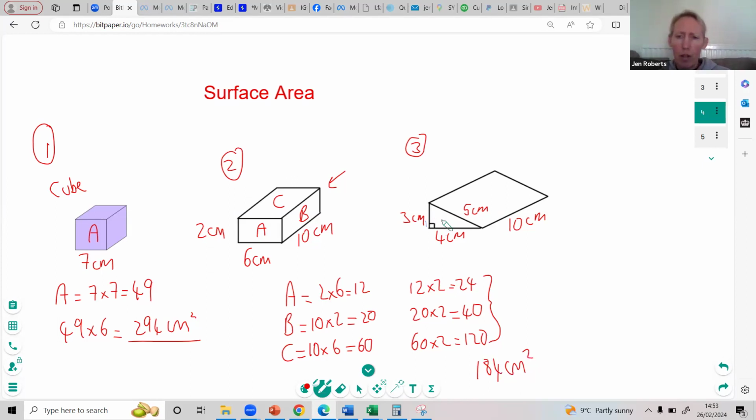Okay, you've got your triangle here, base times height divided by 2. 3 times 4 is 12, 12 divided by 2 is 6. That's the same as the back triangle, so I'm going to double it. Rectangle B, 10 times 5, 50. Rectangle C at the bottom, 4 times 10, 40.